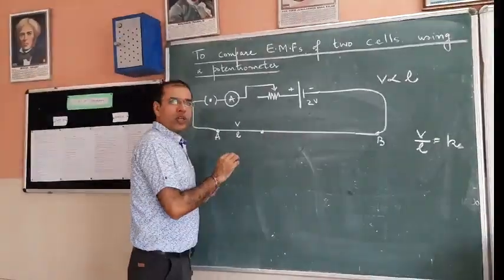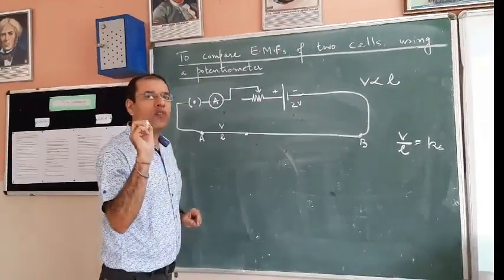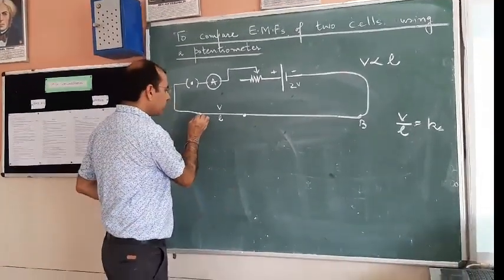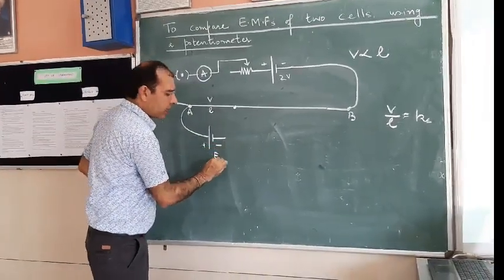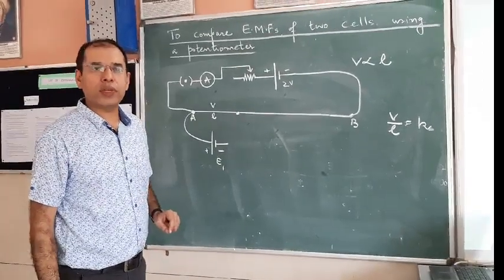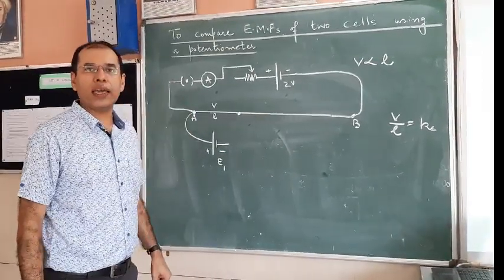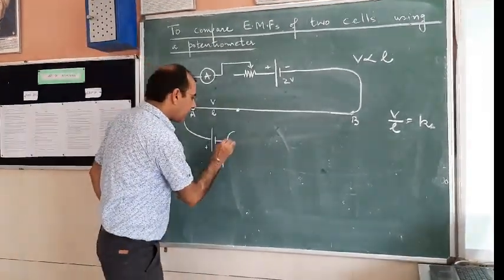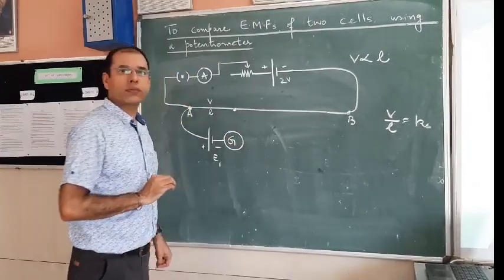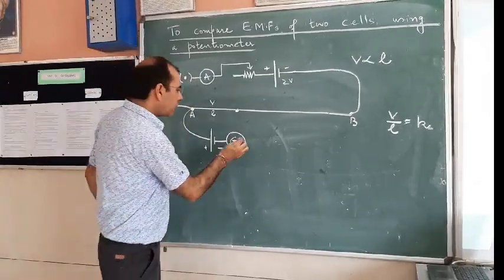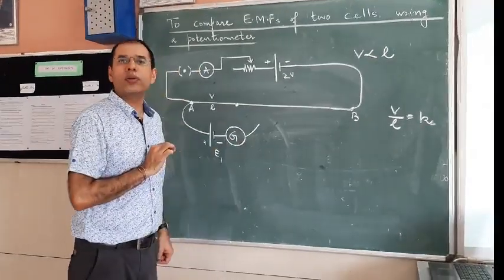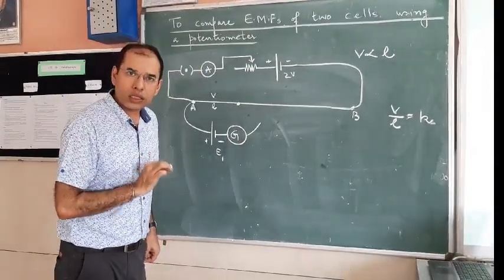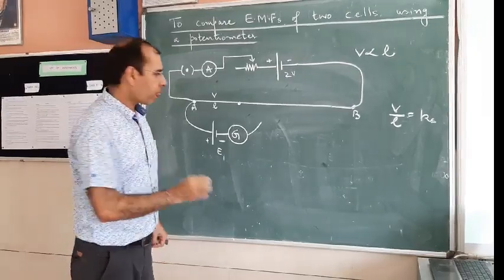So now what we are going to do is take one of our cells, say E1, and connect its positive terminal to this point A and connect a galvanometer to it, and this galvanometer will be connected to a pencil-like device called jockey.